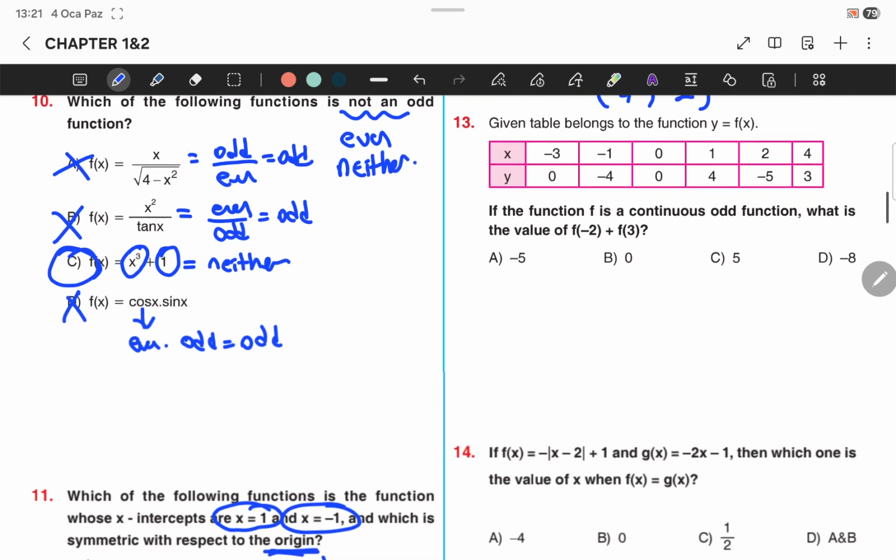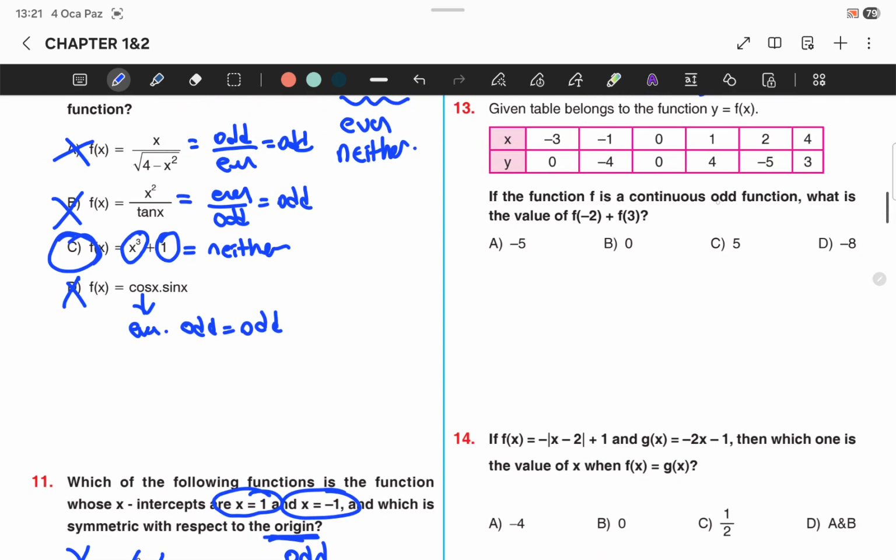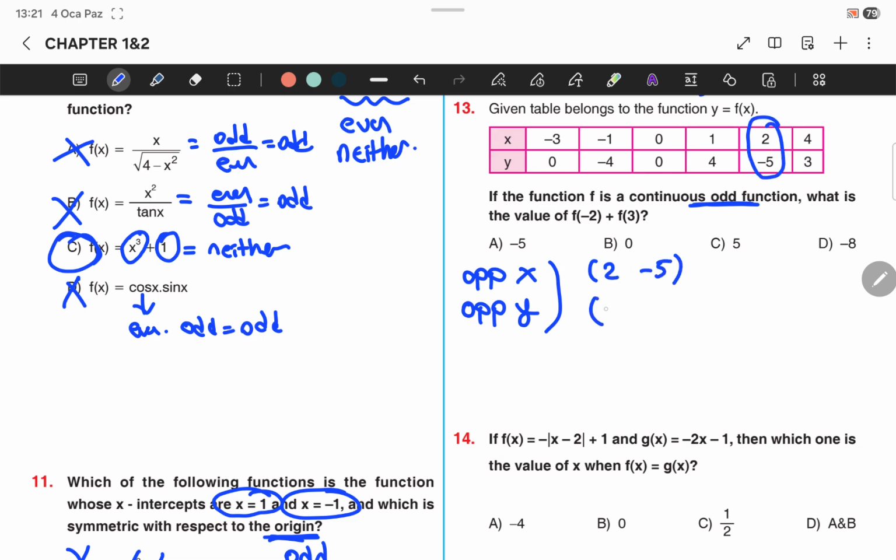The next question is the opposite of this one. I am talking about the odd function. For the odd function, opposite x, opposite y, isn't it? So this is 2 and negative 5 by the table given. If I change it to negative 2, it must also be positive 5.